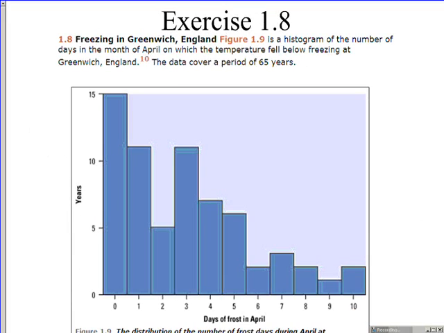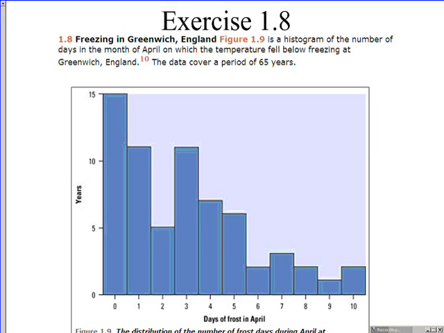Okay, looking at a histogram here. Here's a histogram showing the distribution of the number of frost days during April in Greenwich, England over a 65-year period. So we have 65 years worth of data, one for each year represented here. And we're counting the number of days in the month of April in which the temperature fell below freezing.